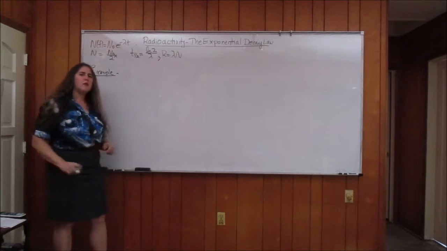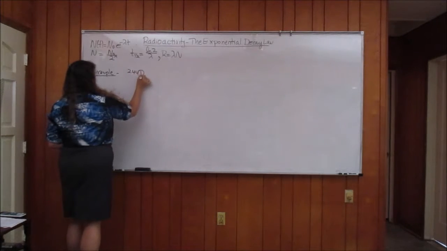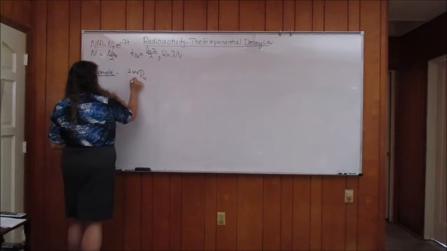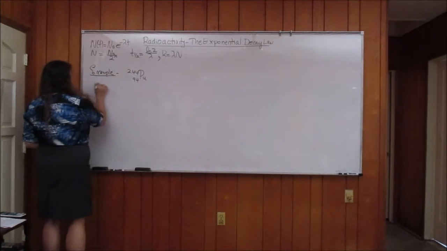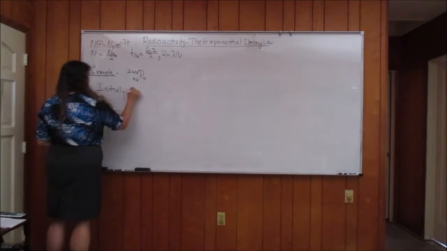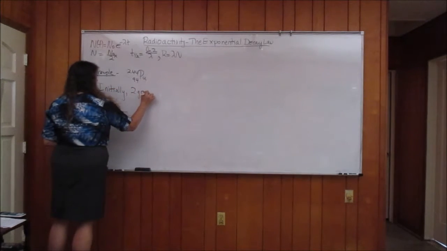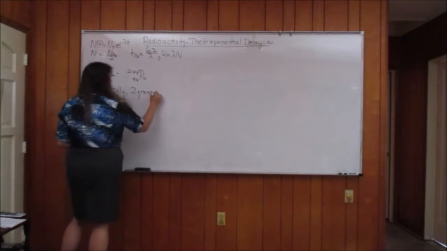Okay, so the next example I'm going to look at is plutonium-244. Let's suppose initially I have a sample consisting of 2 grams of pure plutonium.